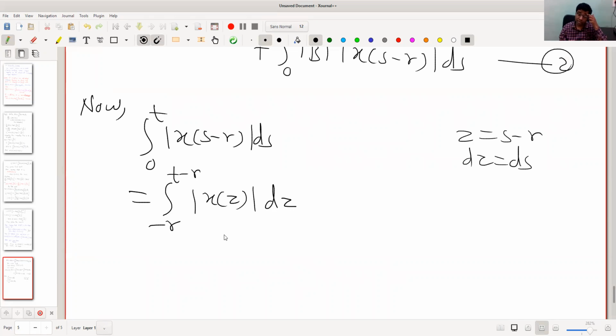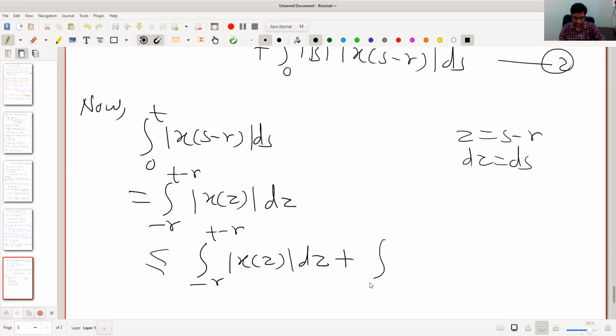Now we can add something to the right side and write this as less equal the integral from minus r to t minus r of the modulus of x of z dz plus, I'm adding some non-negative term, so this is bigger than this thing. I'm adding the integral from t minus r to t of the modulus of x of z dz. We are adding this quantity which is non-negative, so we can write this is less equal.